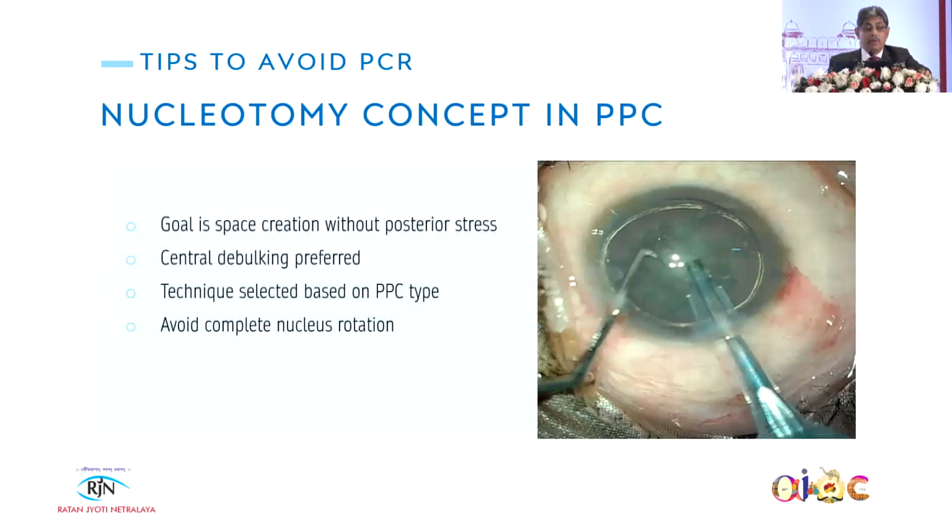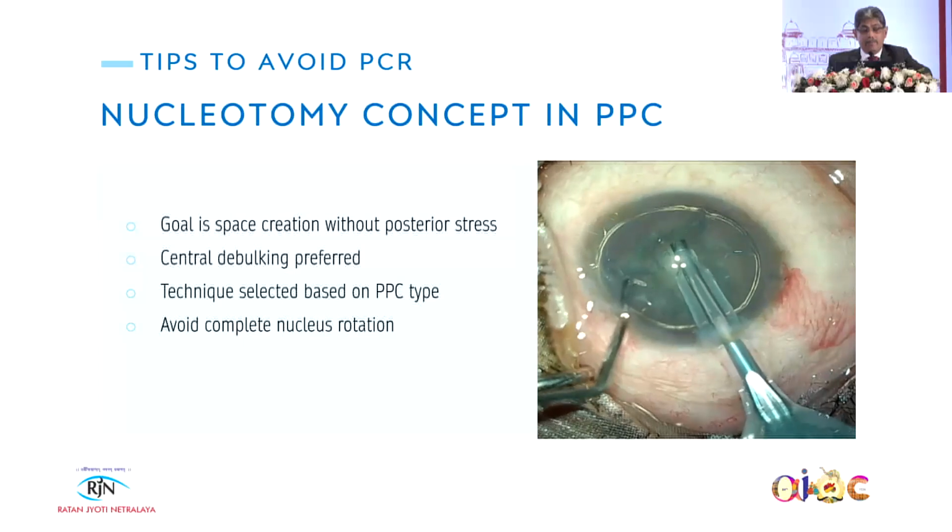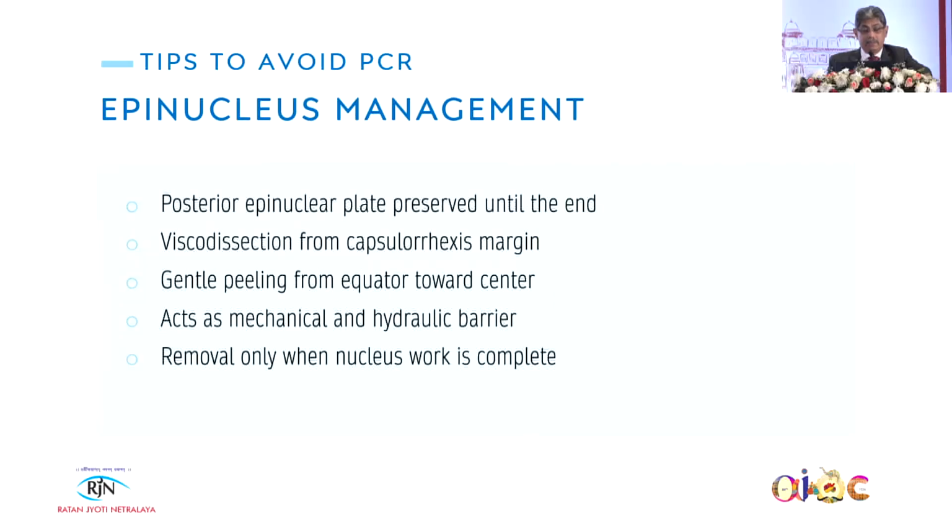For nucleotomy, we should not rotate the nucleus fully, just disengage it from the epinucleus plate and leave it there as far as possible. Lambda and Y techniques are suggested, but what I do is remove the central nucleus first and then the epinucleus slowly, so the posterior epinuclear plate is preserved until the end.